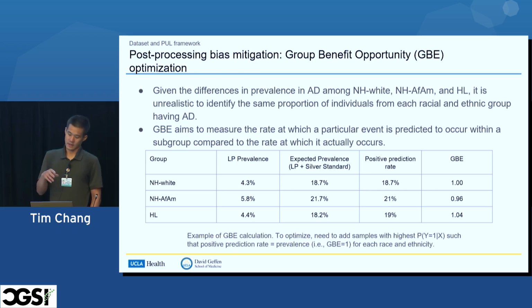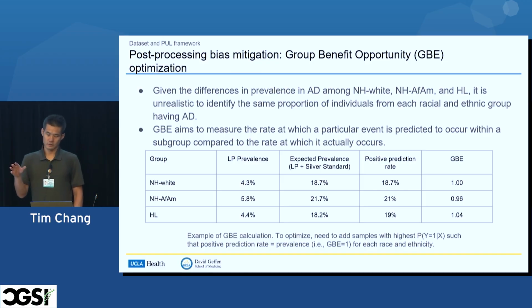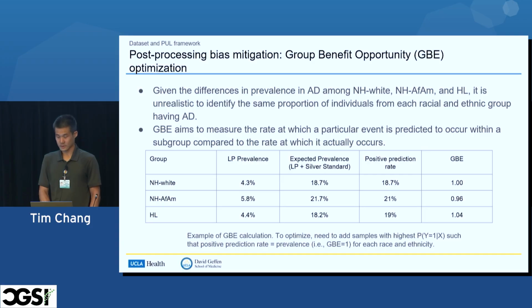So the idea is that if our positive prediction rate in our model later on is 18, 20, 19%, it's not always going to be exactly the same, right? Because then we could calculate this GBE, which is just like 21 divided by 21.7, so a little less than 1. So we want that around 1.